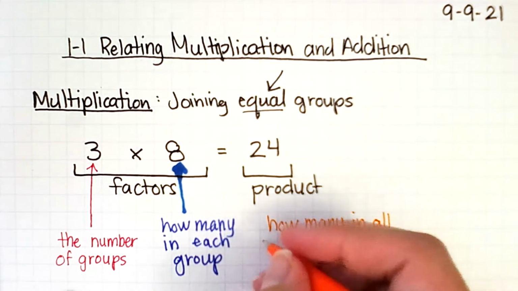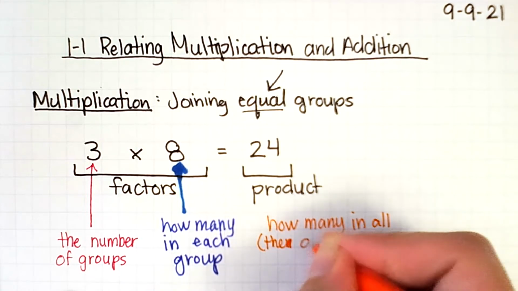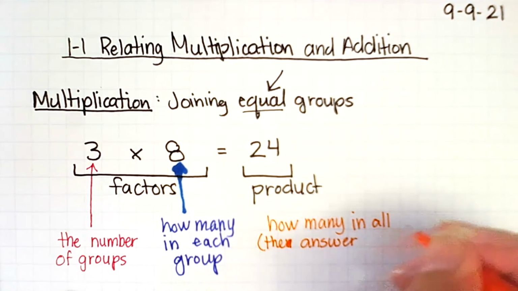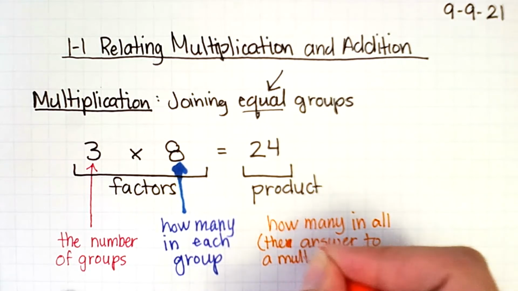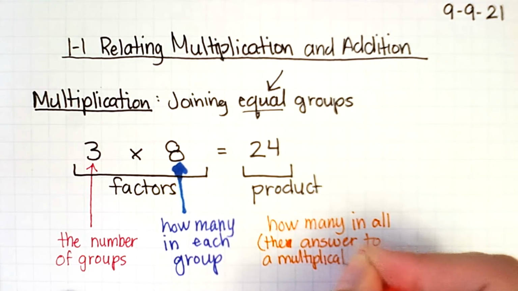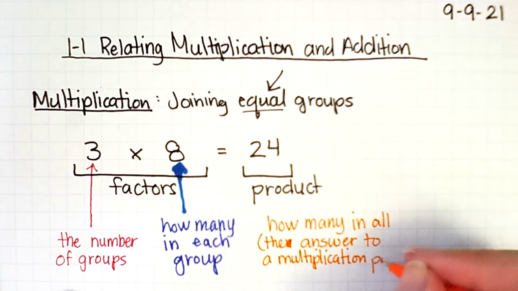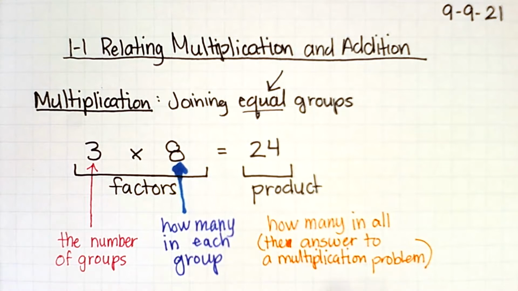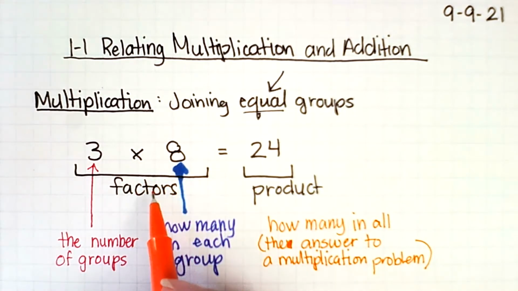We know the product is the answer to a multiplication problem. The first two numbers that we're multiplying by each other, we call those factors.